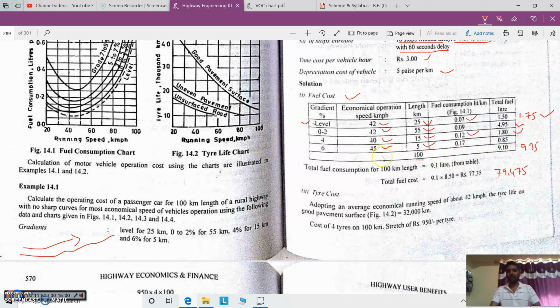Similarly for 6% gradient, 45 kmph is the economical speed, and for this 0.17 is the fuel consumption.